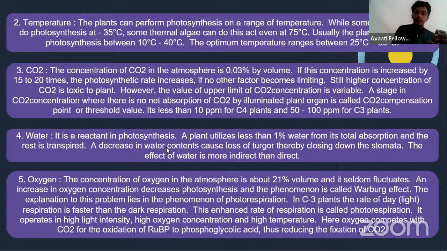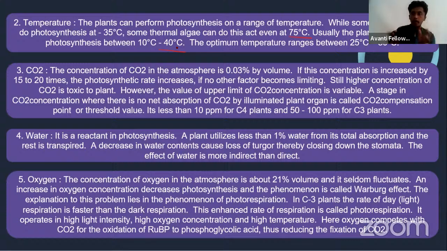Some algae which live in thermal vents can perform photosynthesis, or preparation of food, at 75 degrees Celsius. But most organisms depend on 10 to 40 degrees. That is where you see optimum photosynthesis happening. The proper range where the highest photosynthesis takes place is between 25 degrees Celsius and 30 degrees Celsius.